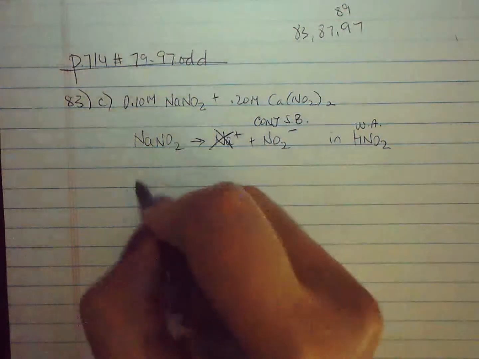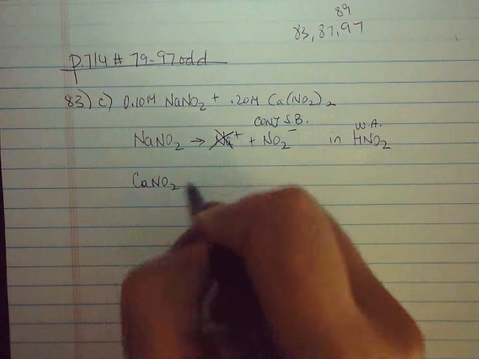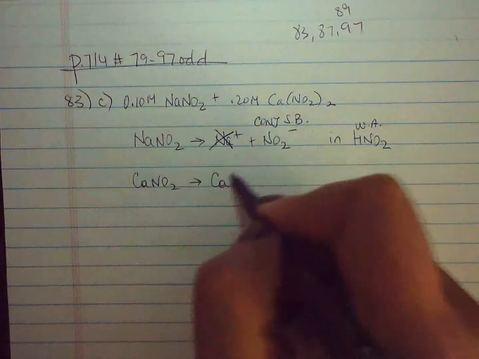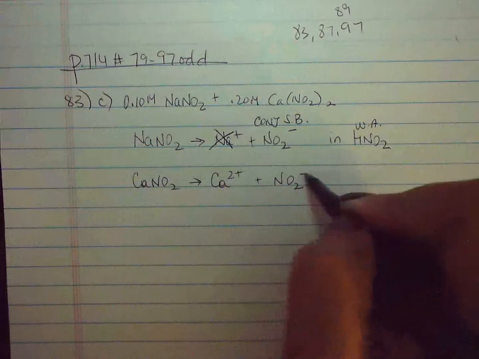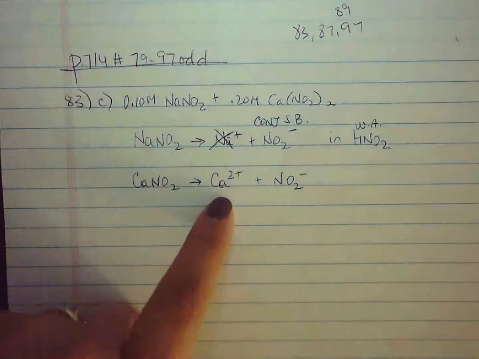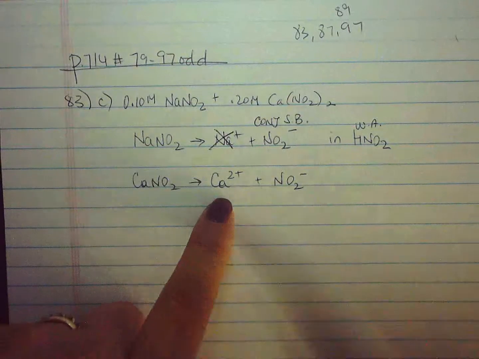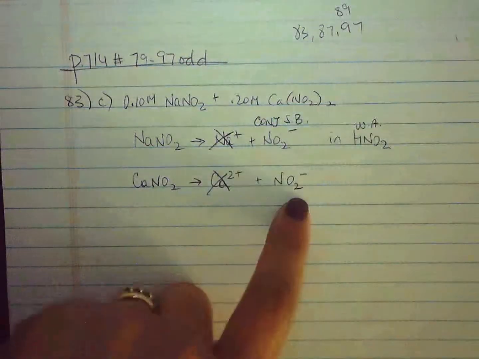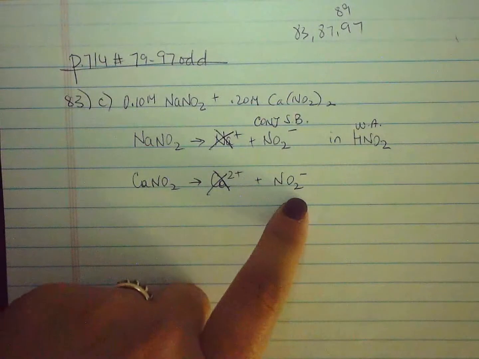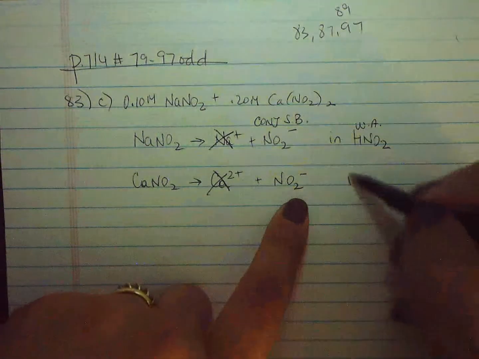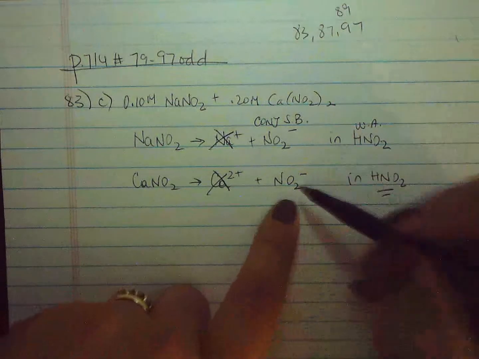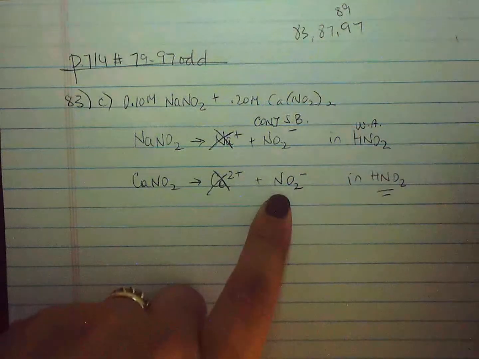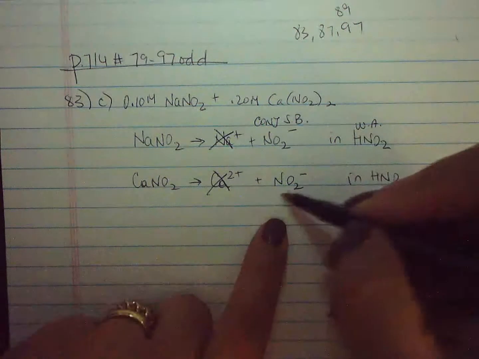Okay, how about the calcium nitrite? When that falls apart, what do you make? Calcium 2 plus and more nitrite. Again, calcium is a cation that you would typically find in a strong base, so it won't really have an effect on pH. However, the nitrite is a conjugate that is also common to the weak acid HNO2, so it in fact is a strong conjugate base.